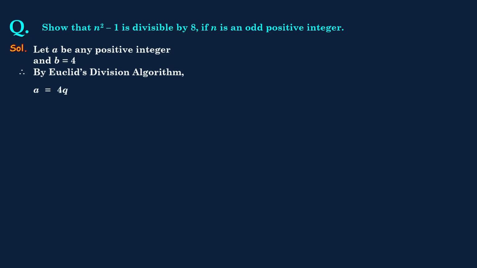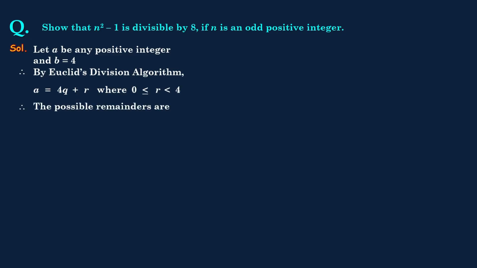The larger the value of b you take, the more you have to prove, because the possible remainders will be more. So if we take 4, then we can prove this. Now a will be 4q plus r, where 0 is less than or equal to r, which is less than b, that is 4.